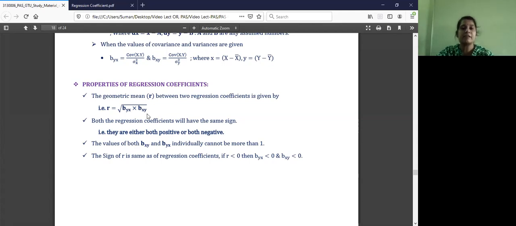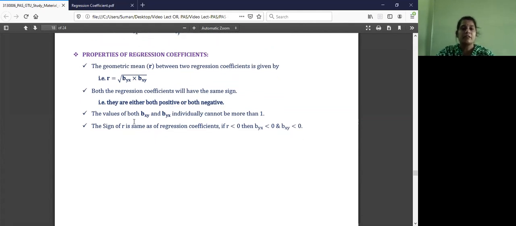In case there are different signs, just like byx is positive and bxy is negative, that means this is not valid. Okay, so always both regression coefficients will have the same sign, that is, they are either both positive or both negative.